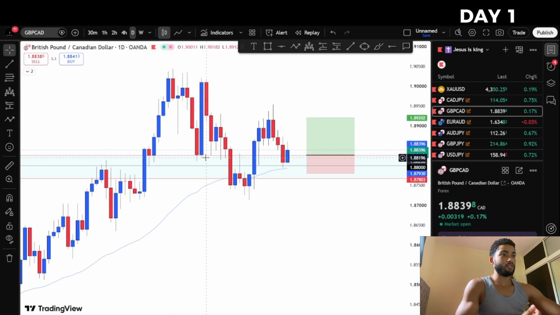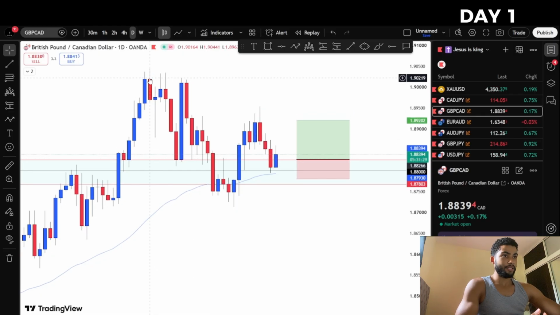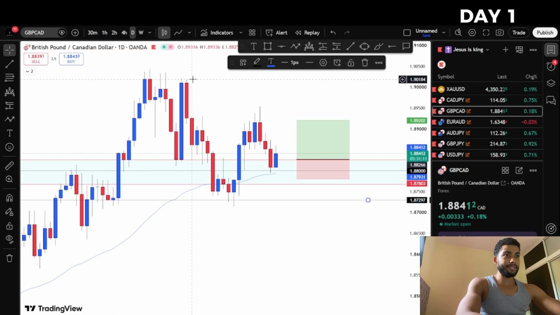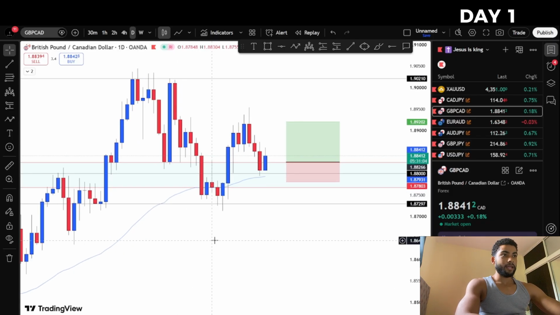The daily time frame is also bullish, because this right here is the higher low. I wouldn't really count this as the higher low. This is the higher high, but I would much rather count this as the higher low. So as long as price is inside of the higher high and the higher low, we're still bullish.